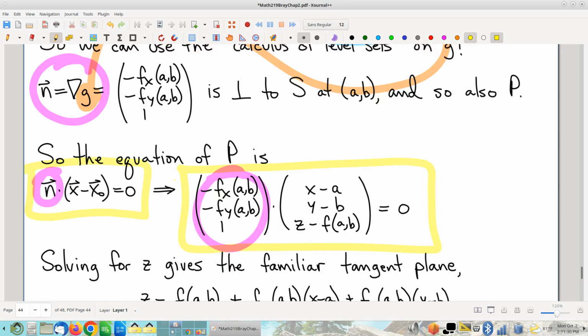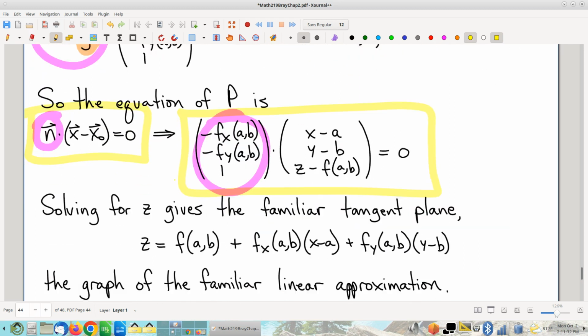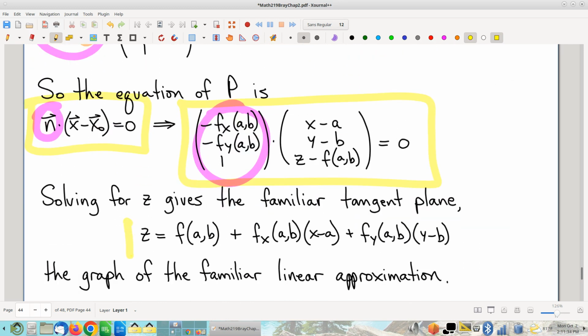And you dot this out and multiply it out, collect terms, move things around, and what you end up with is this very familiar formula that y'all will all recall from when we were first talking about partial derivatives and linear approximations and stuff like that. Okay, so again, I just glossed over some details. I think it's readable. Give it a look. As always, office hours if you have any questions, if you get stuck on anything.